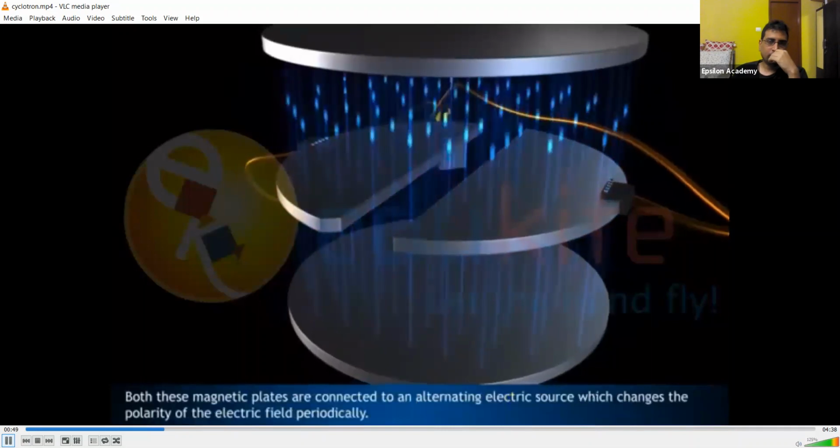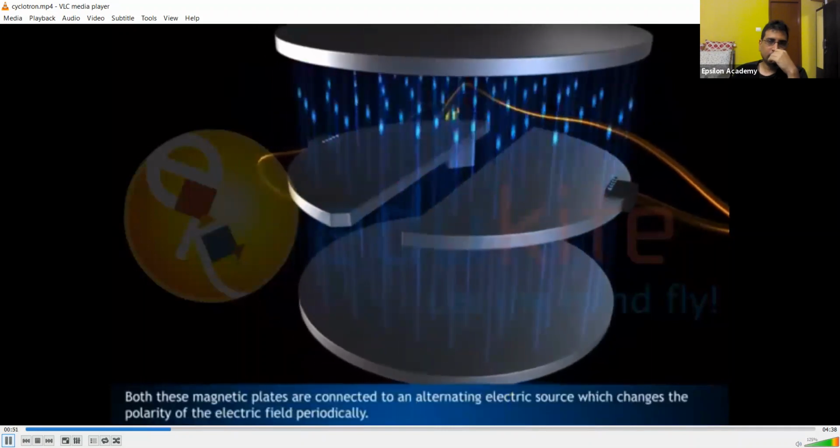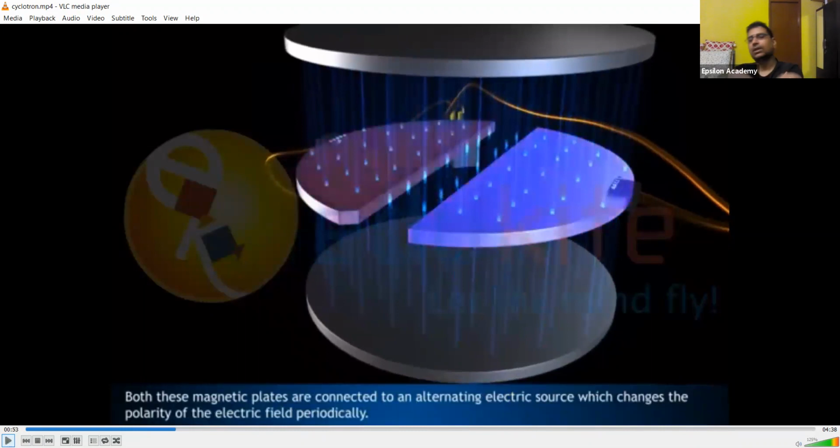Both these Ds are connected to an alternating electric source. Now, why a metallic plate is used is because we want conductors which are connected to an alternating source. You are able to see a clip-like structure here and here. These are the polarities that will keep changing with respect to time. So have this in your mind.